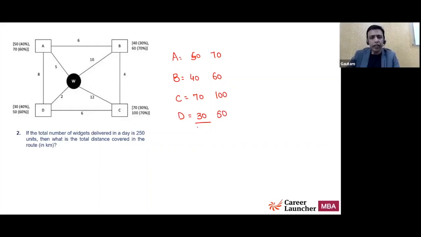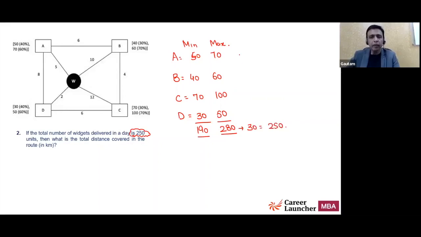Now 90 plus this would be 190, 130, 230 and 280. So this is the minimum possible supply and this is the maximum possible supply. Now, logically understand, if we have to deliver 250 widgets, that means a difference of 30 from here.